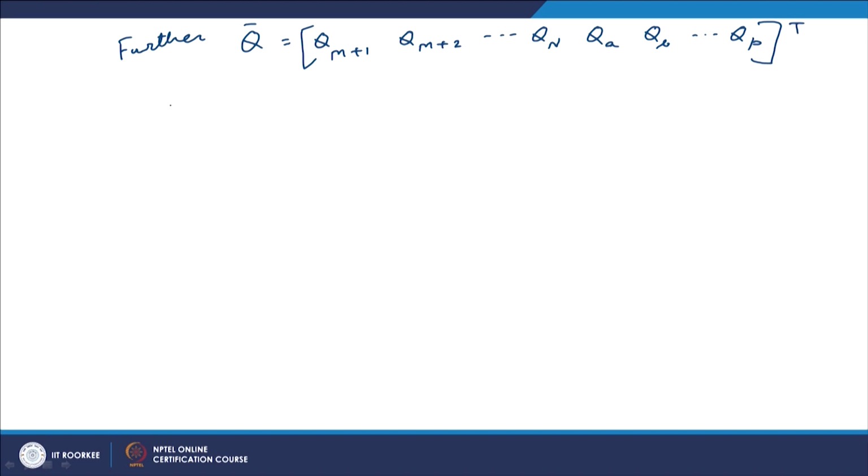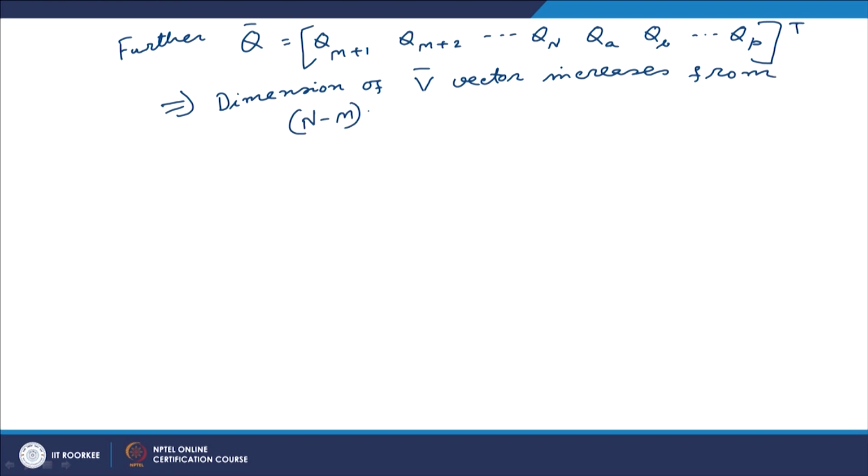So, the dimension of the V vector increases from n minus m cross 1, as it was earlier, to n minus m plus L cross 1.